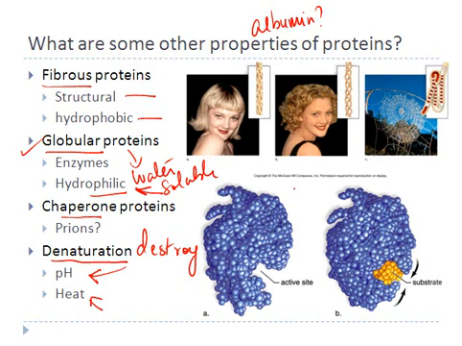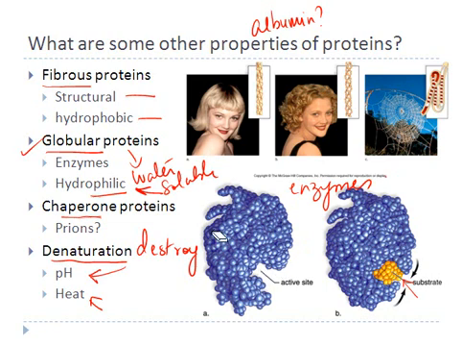Here's an image of enzymes, and enzymes are protein in nature. So one of the most important functions of proteins is enzymatic, and you can see the substrate being attached over here on a region, and this region is called the active site.